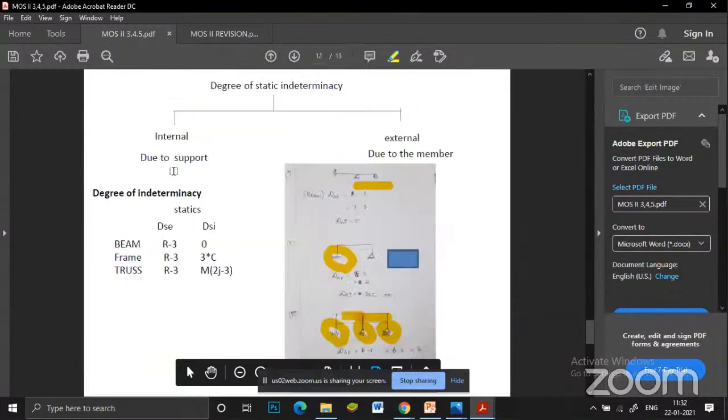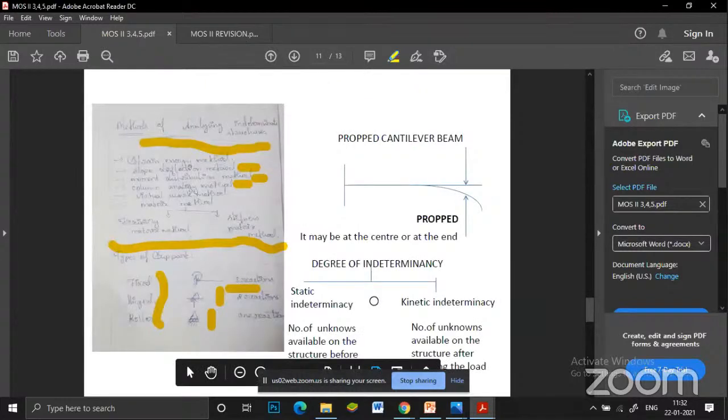With the help of that, you have to find the degree of indeterminacy, external as well as internal. You should keep these formulas in mind. And the very important thing is, you must know how to represent the hinged support, the roller support, and the fixed support. That's it, guys.